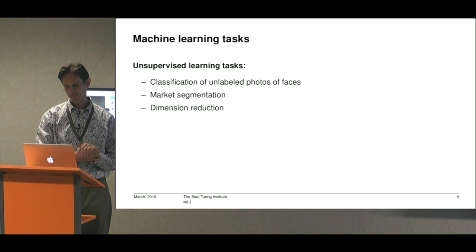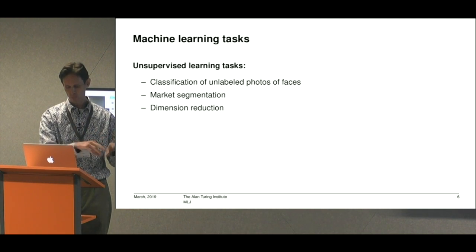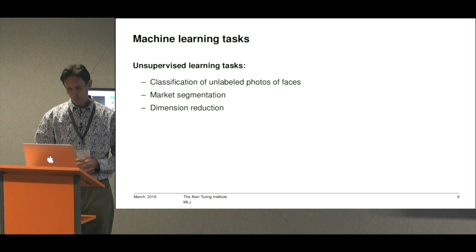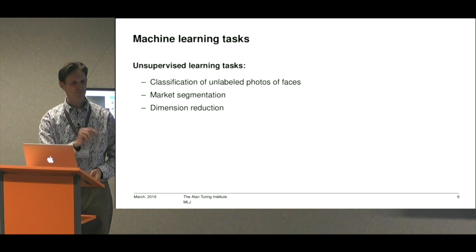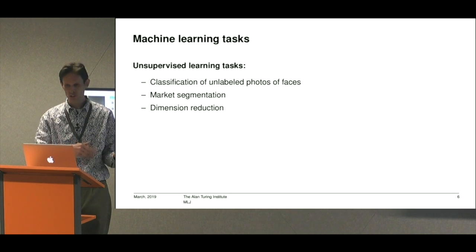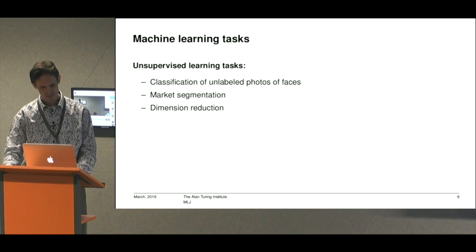So all the pictures of your father are identified as one group and so on. And this happens without the software actually knowing what the names of those people are, right? So it doesn't know who's Anthony or Sebastian or whatever. The photos are unlabeled. And so that's an example of an unsupervised learning task.